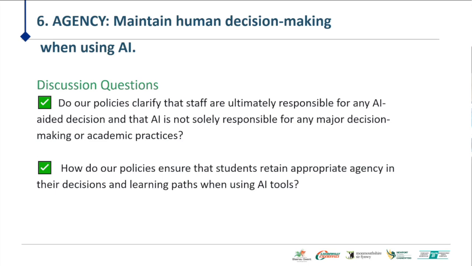AI systems should really serve in a consultative and supportive role without replacing the responsibilities of students, teachers, and leaders. So yes, let's use them to help us in our decision making, but ultimately the humans should be making the final decision, using their professional judgment to recognize whether it's right or wrong.